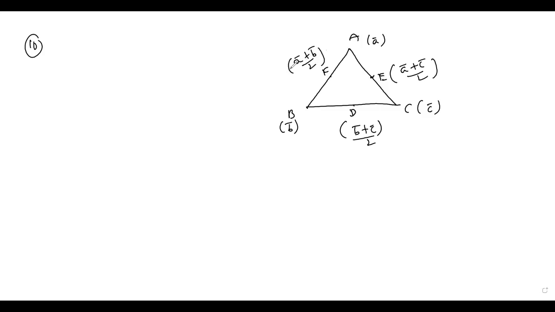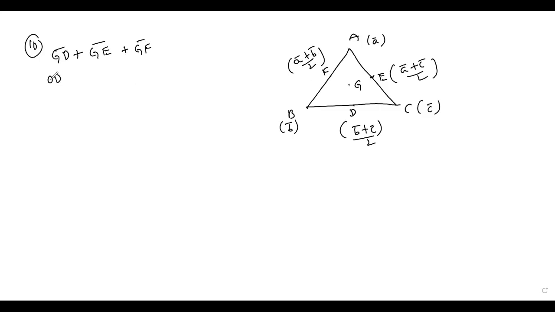Now here they're asking GD bar plus GE bar plus GF bar. G is the centroid. Okay. Now we need to find GD bar plus GE bar plus GF bar.